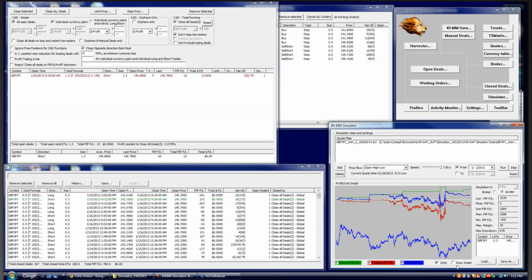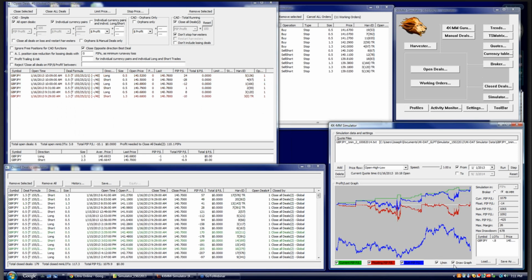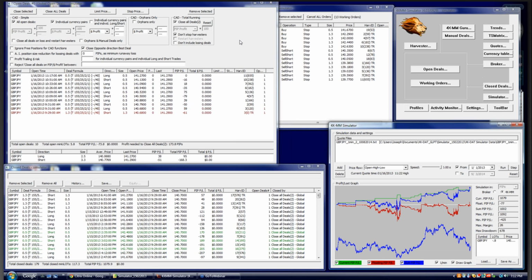Now, Joseph, real quick, if I can ask a question, because it's specifically related to what you're talking about right now. Dave McGraw has asked, Joseph, please explain how the profit target is adjusted as the account size grows. Well, that is not adjusted automatically. It is because we do not really want to take it upon ourselves to adjust the profit target in a running strategy.